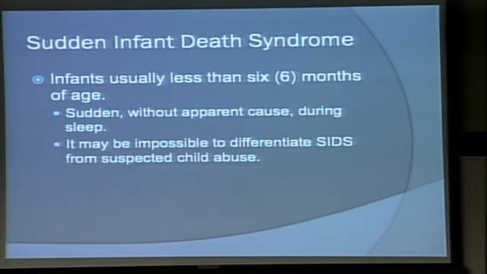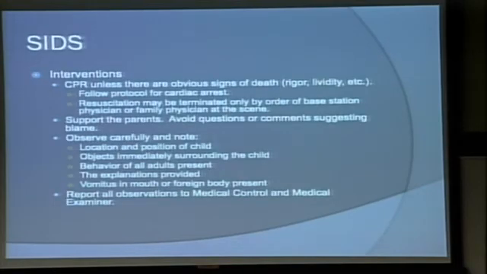How do you put kids to sleep now in their crib? On their back. So, usually infants less than 6 months of age. It's hard for us to differentiate between SIDS and sometimes child abuse, but that's up for the coroner or the ME.